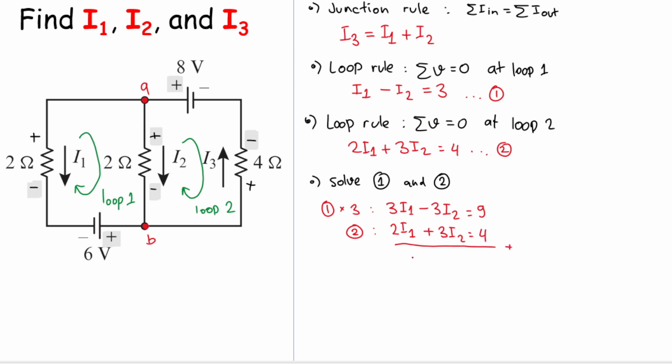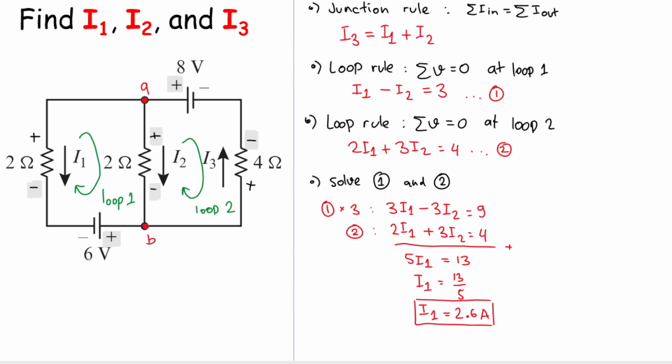So we will have 5I1 on the left hand side, and then on the right hand side, I will have 13. And so we will have I1 here is 13 divided by 5, or that will be I1 is equal to 2.6, 2.6 ampere. Okay, that is one of the values that we are looking for. So let's put that into a box like this.